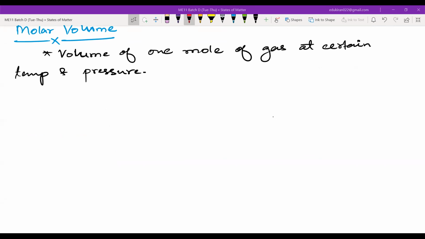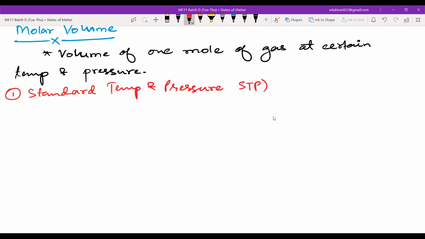So we'll look at a few standard temperatures and pressures. Number one is standard temperature and pressure, STP.